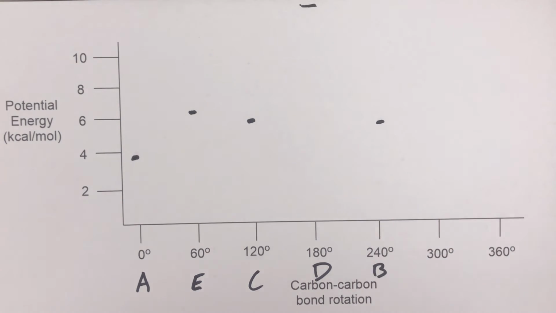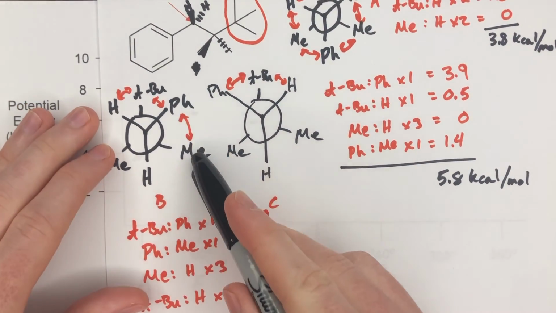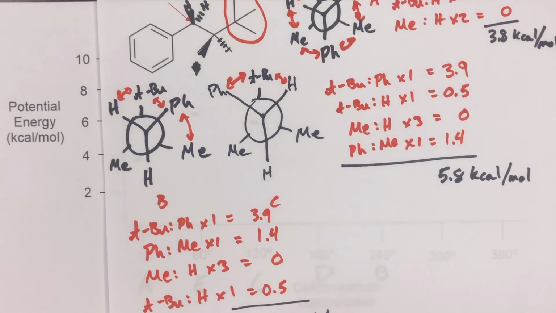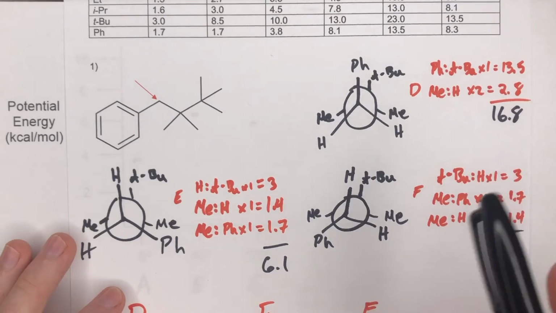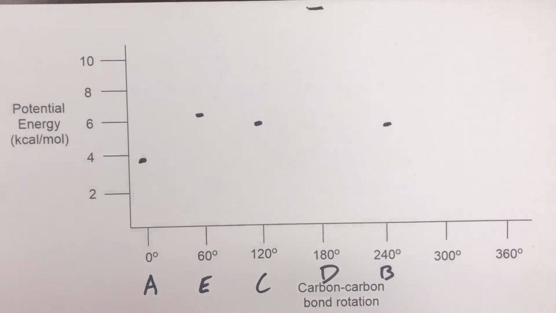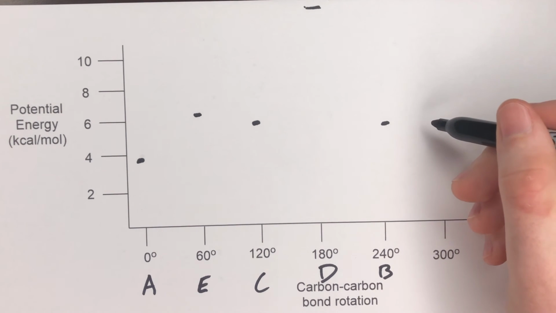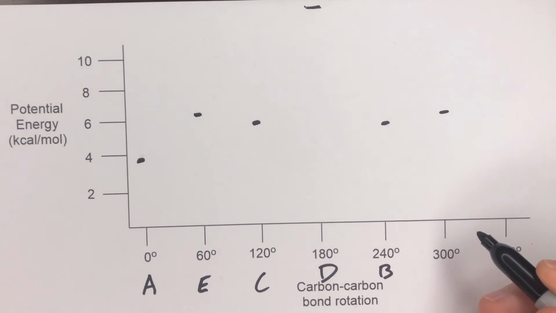And then 300 gives us our last. Again, we're rotating from this one to put the phenyl and methyl eclipsing each other, which is at 6.1. So here, and that's just above 6, so it's like here.